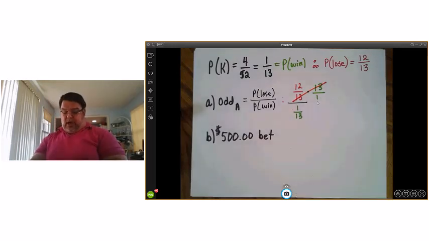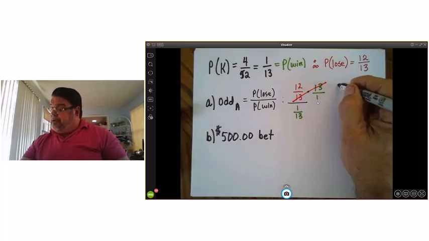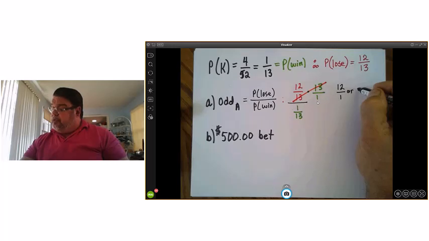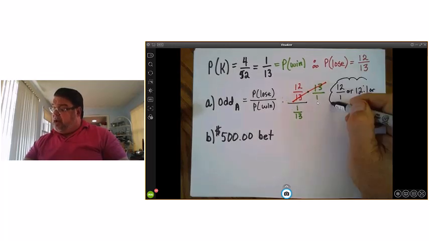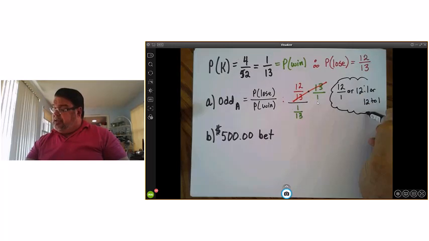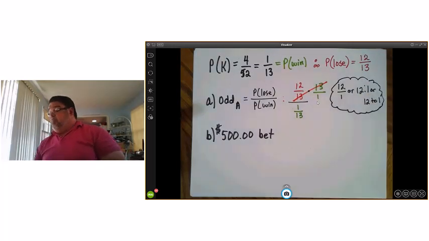So the odds against winning, or the odds against a king, is 12 over 1, or 12 to 1. You can write odds against 3 different ways. So that's B, 12 to 1.